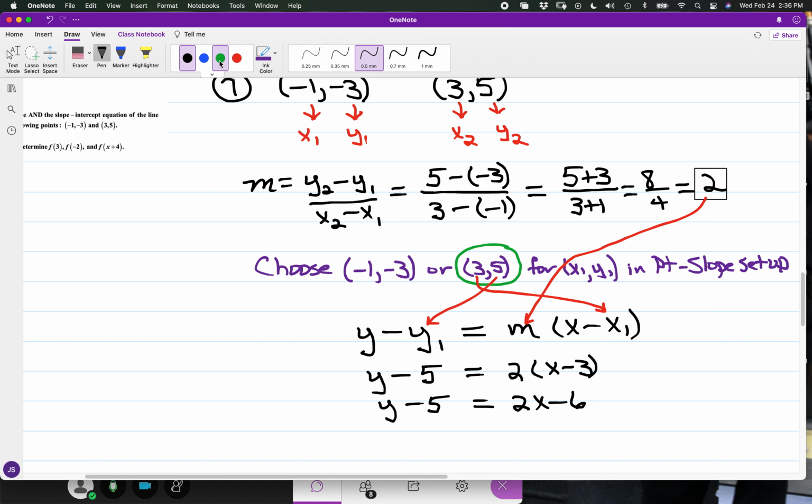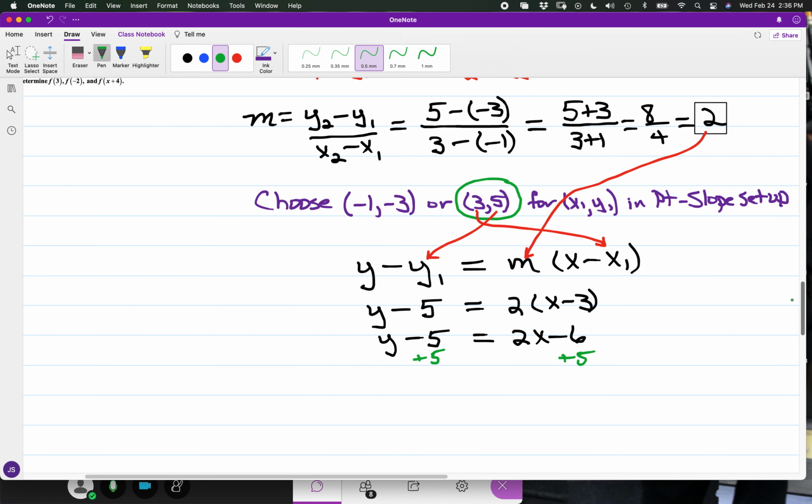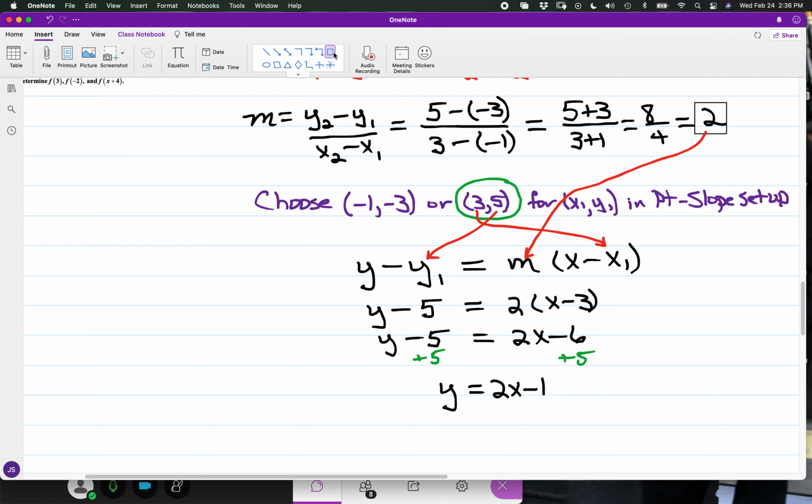Looking at the follow-through, if I add 5 to both sides, we're going to have that y is equal to 2x minus 1. And that is going to be our slope-intercept equation.